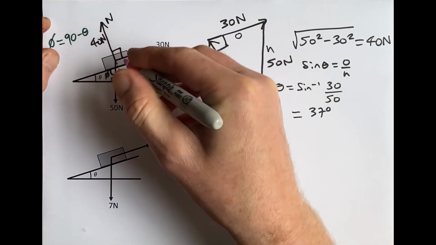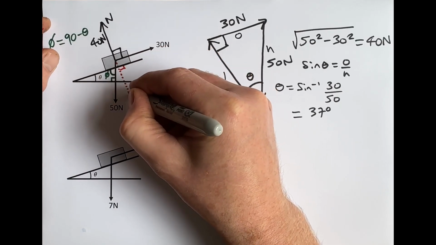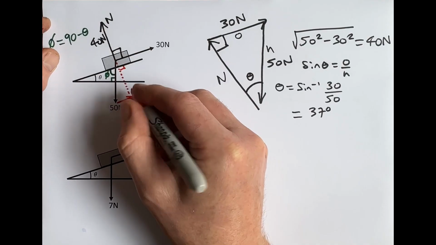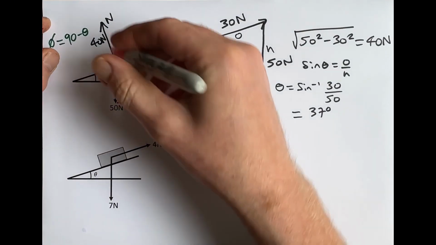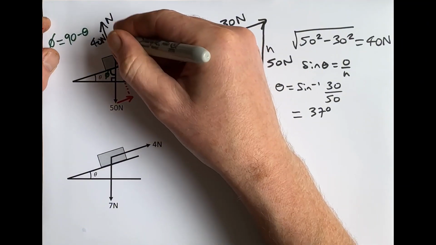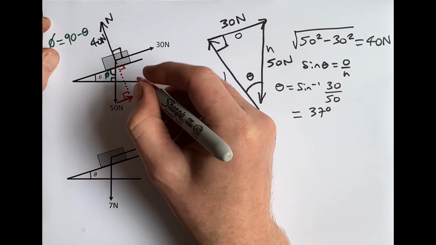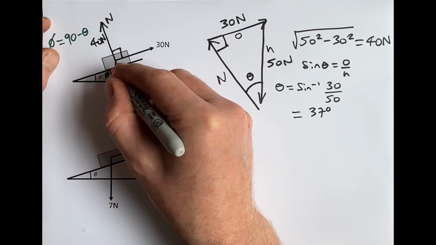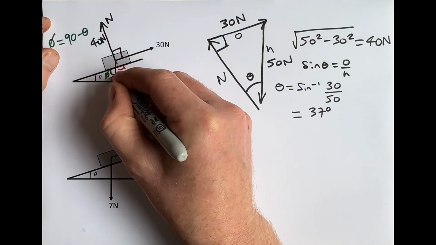So if that's 90 minus theta, that's important because if we extend the normal line down like this, and that's supposed to be at 90 degrees to the surface, and then we draw the surface there, that's the surface, or the 30 Newton force. This is the normal line coming down here, the line that is perpendicular to the surface. We know that this angle here is 90, and we know that that is phi. We know that the angle between the surface and this normal line is 90 in total.